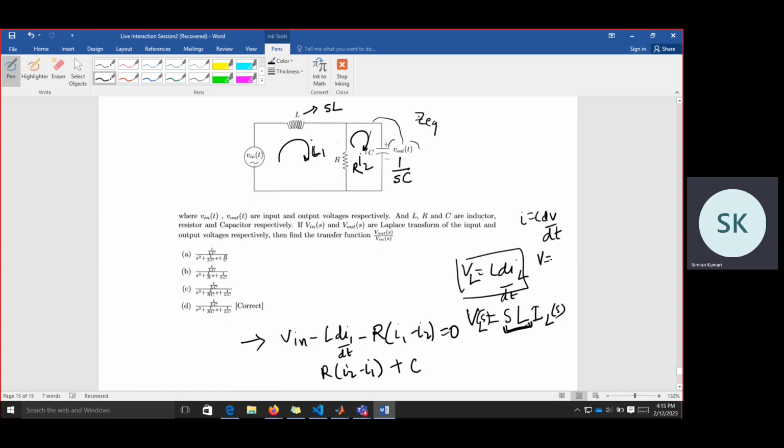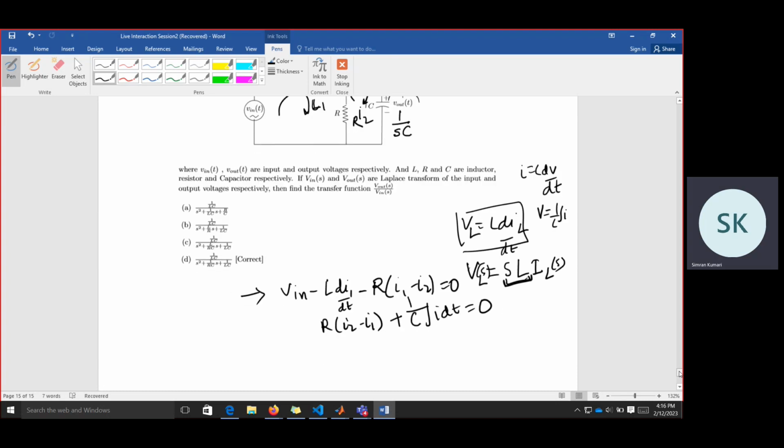So V is equal to 1 by C integral of I dt. These are the two equations, and V out is simply the voltage across this. Now we can apply Laplace transform to these two equations because this is di by dt.